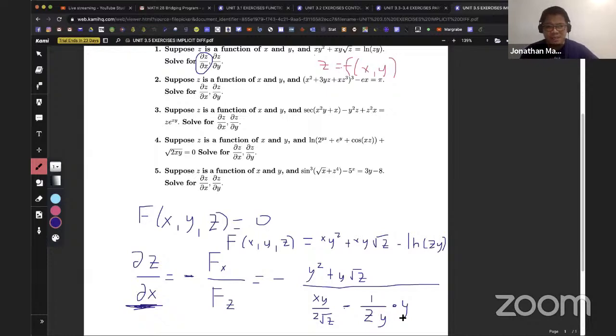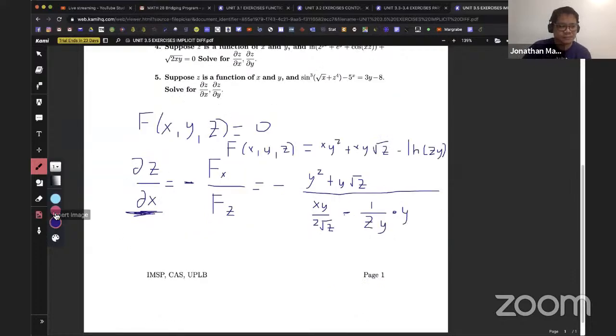Then you just do the usual differentiation techniques to get the derivative of the function. Just don't forget the formula. Let's say we want to get the partial of z with respect to y.